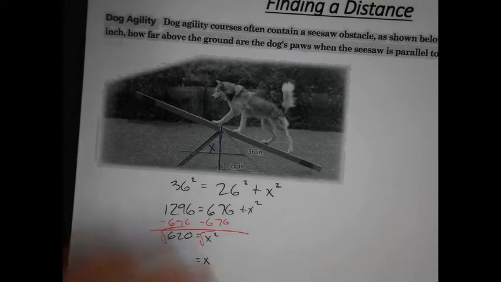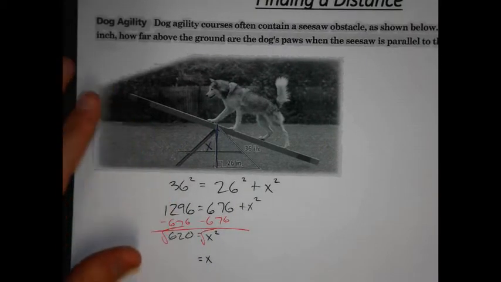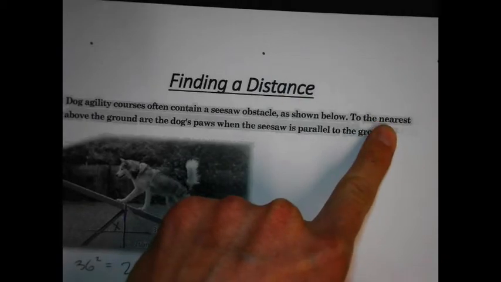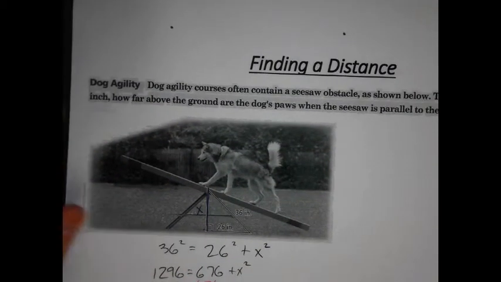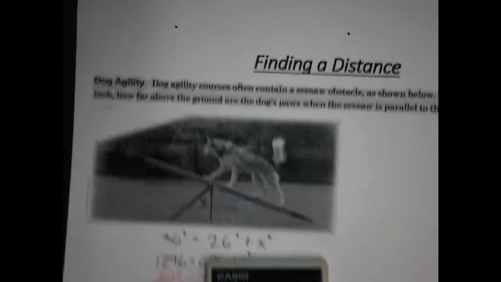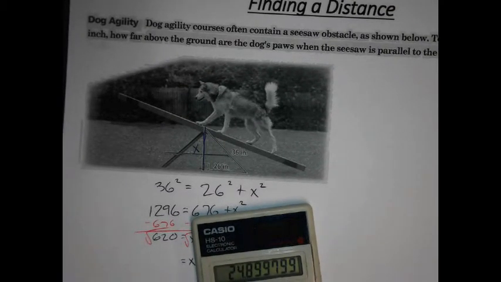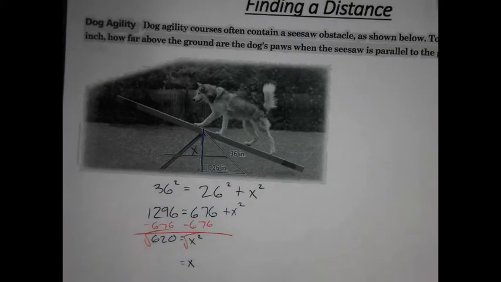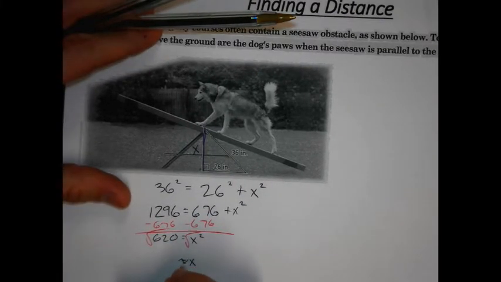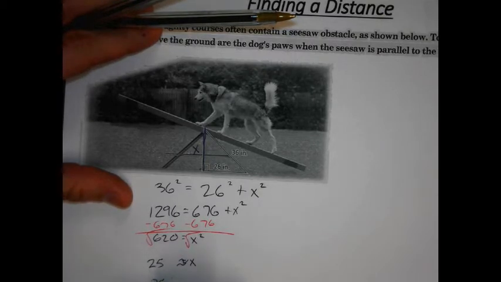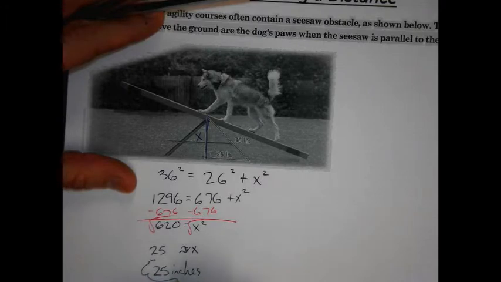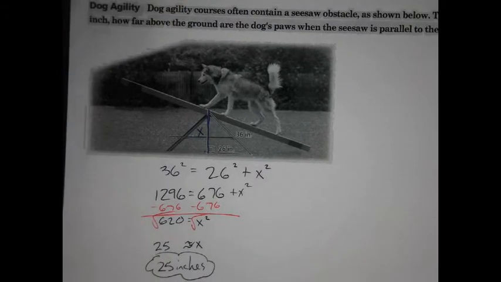The answer is no, because the question was asking for the nearest inch. 24.899 to the nearest inch is 25. So x is 25 inches, and the dog's paws will be 25 inches off of the ground.